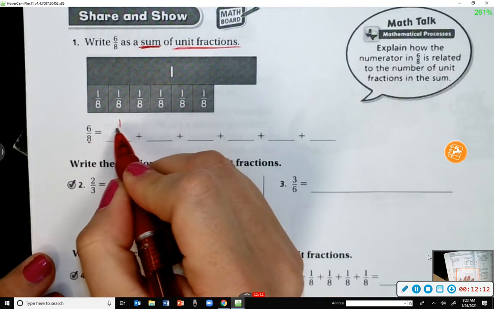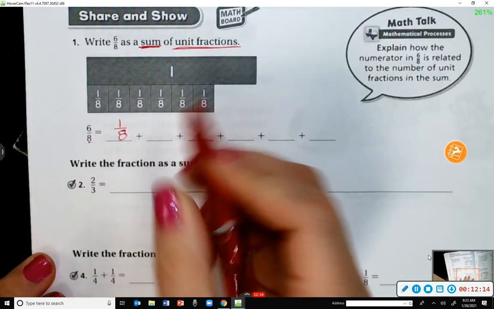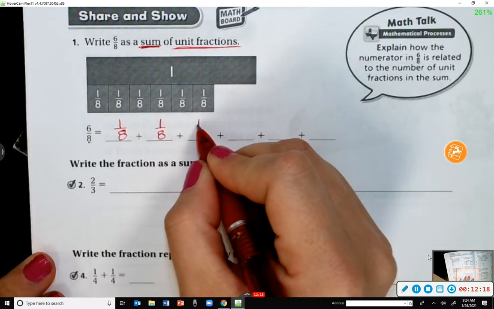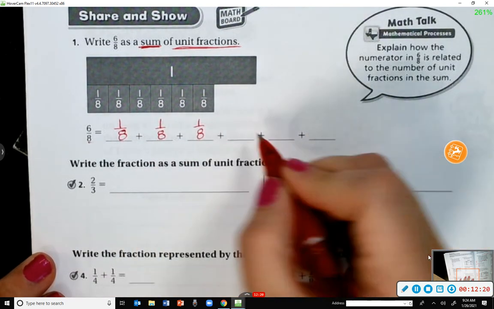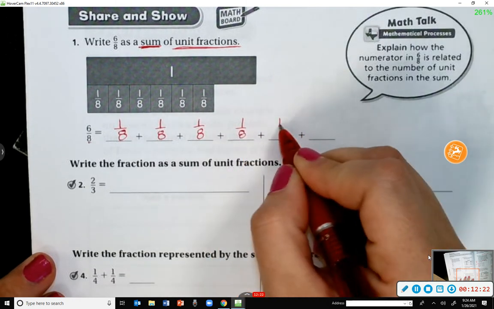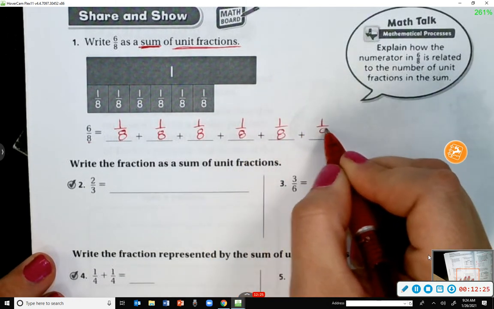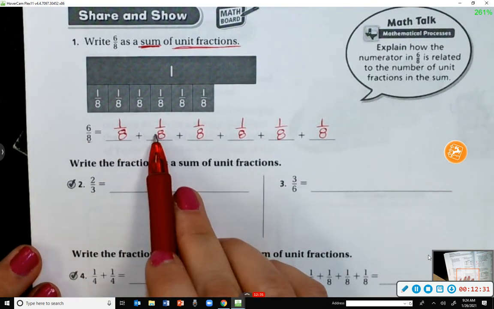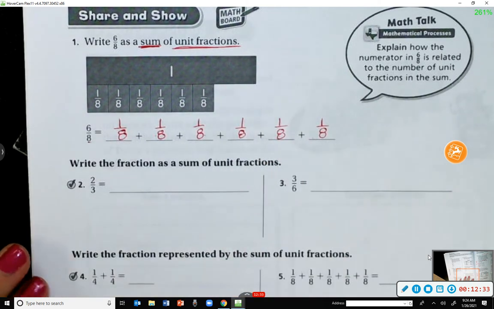So how many would I need to write? 6, because 1 plus 1 plus 1 plus 1 plus 1 plus 1. 6 ones is going to give me 6/8. 1, 2, 3, 4, 5, 6.